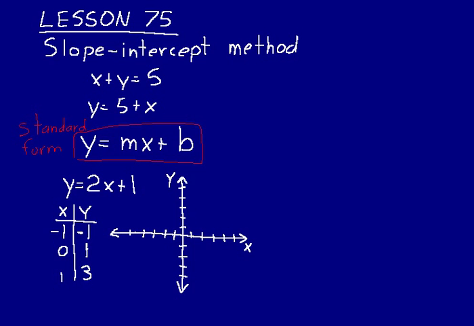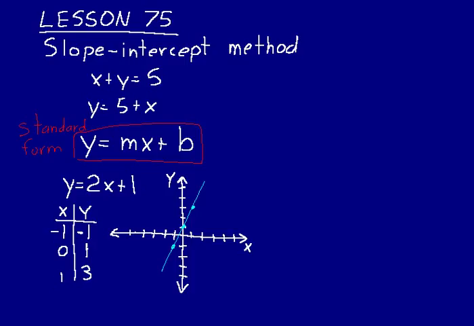Now let's go ahead and plot our 3 ordered pairs there. The first one is to the left 1 and down 1, so we'd put a point here. The next one is to the left or right none because it's 0, and then up 1, so right there. And then the third one is to the right 1 and up 3, so right about there. Then we just draw our line through that, and there's the graph of that line.